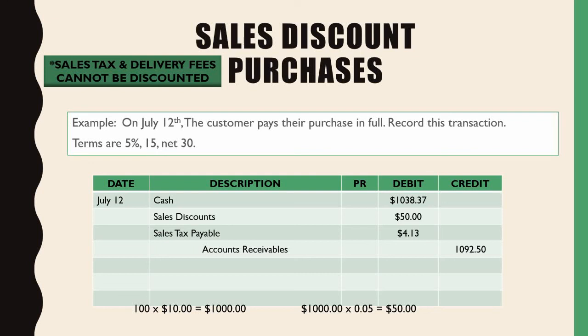Like I said earlier, since you recognized the sales discount first, that could have been the first thing you journalize. But at the end of the day, you need to have cash. You can put cash there and leave it blank until you figure out your equation on the others on your scratch piece of paper to find out what your ending total is. Does that explain and answer your question?